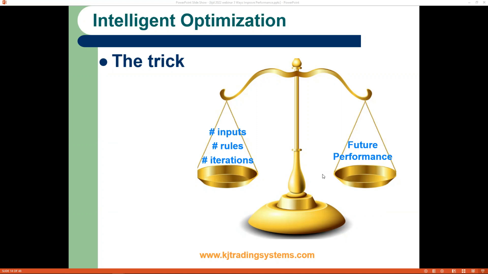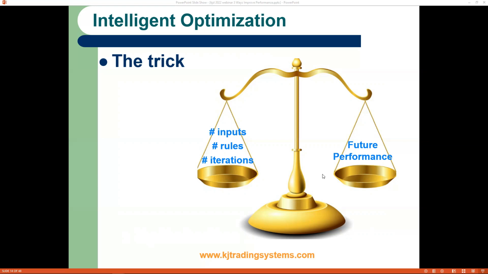And you got to balance that with the future performance. And my experience, and the experience of most people who do optimization, is the more you focus on the left side, meaning more inputs, more rules, more iterations, the worse your future performance becomes. So it gets out of balance.